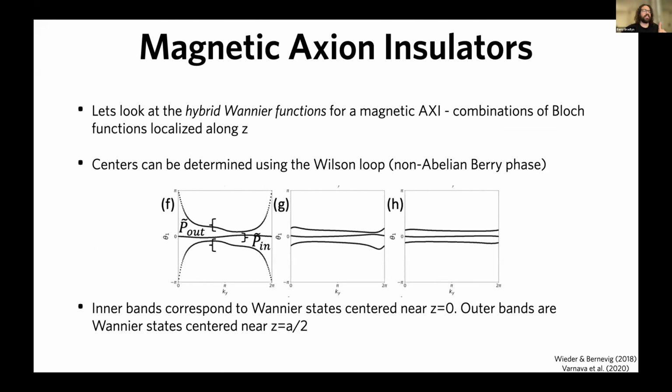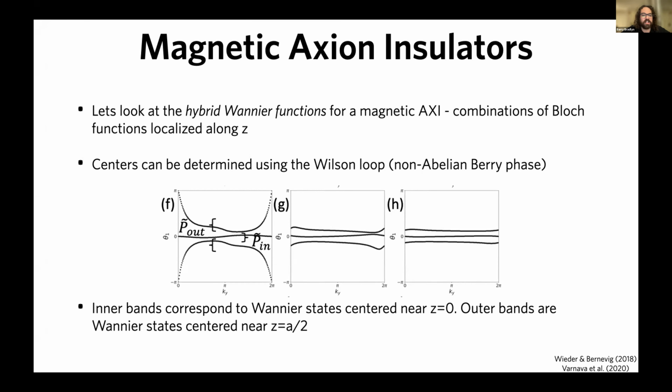For the purposes of this talk, I'm going to localize my hybrid Wannier functions along the z direction. So I can compute the Wilson loop, or the non-abelian Berry phase, for occupied bands of my axion insulator to find the hybrid Wannier centers, or these R sub n for the z axis.